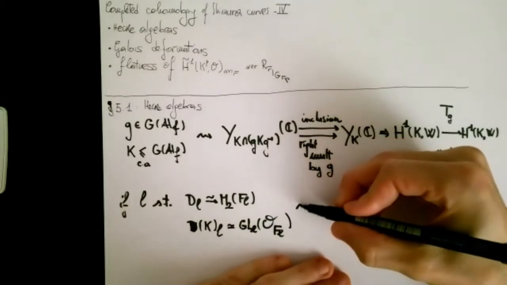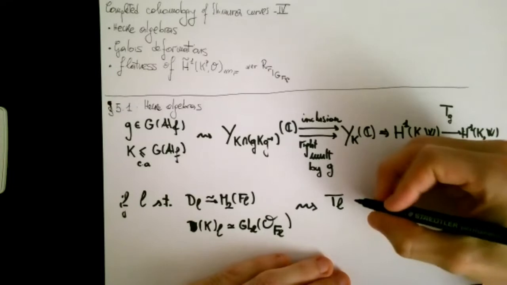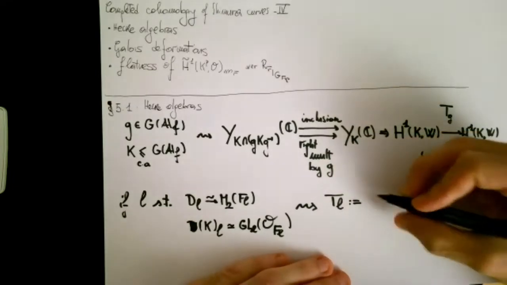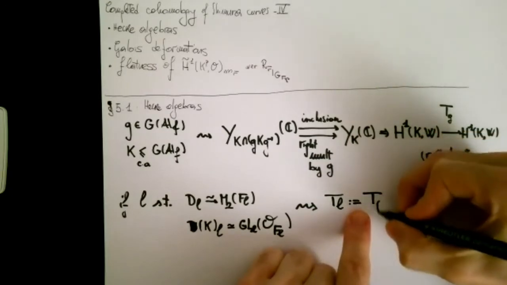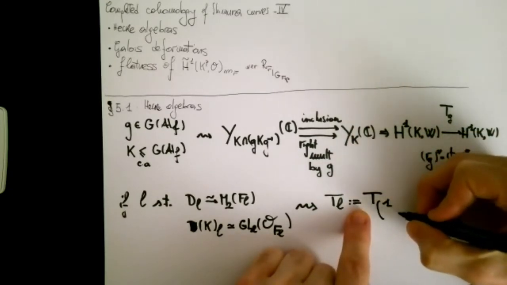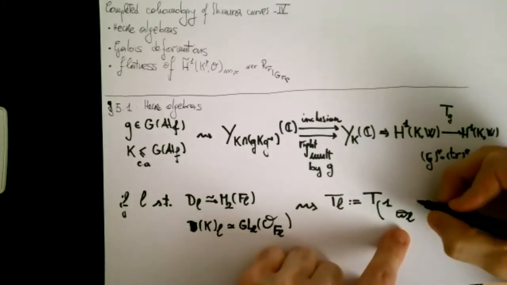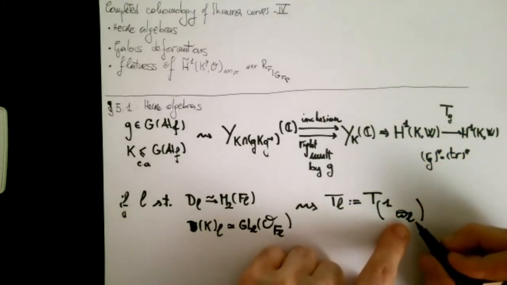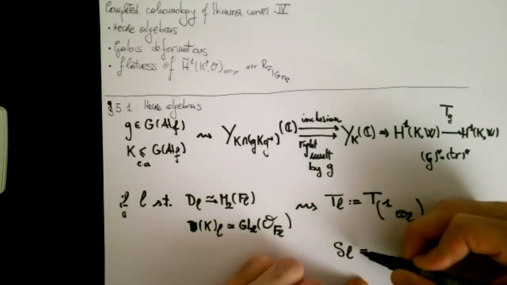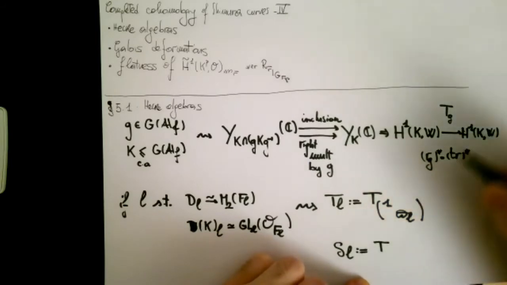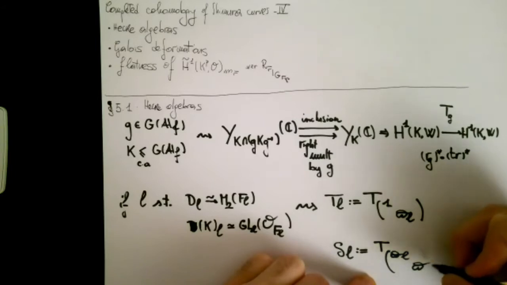Then we define the operator T_l as the double coset operator, meaning that we define this operator as the operator T associated to diag(1, varpi_l), where varpi_l is the uniformizer at l. And we have also S_l, which is defined by the operator T at this central element.